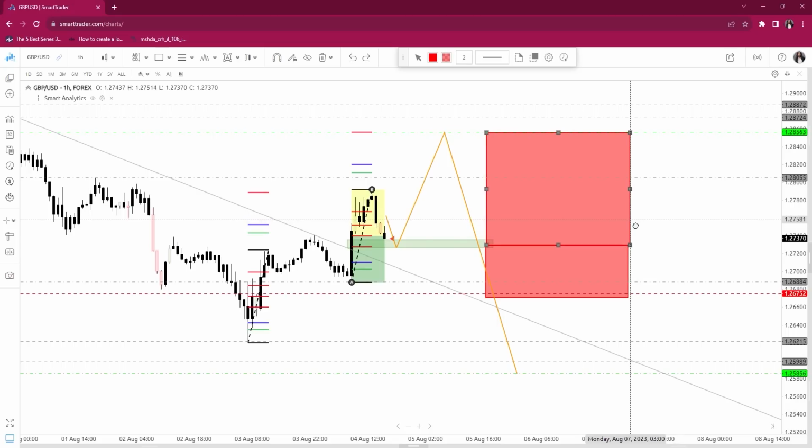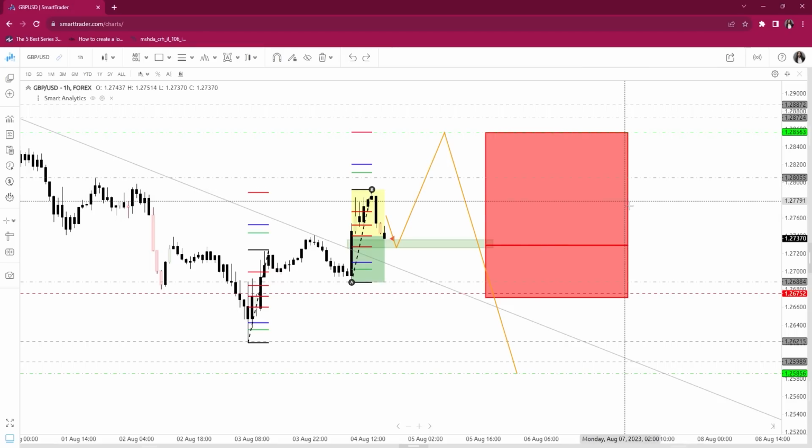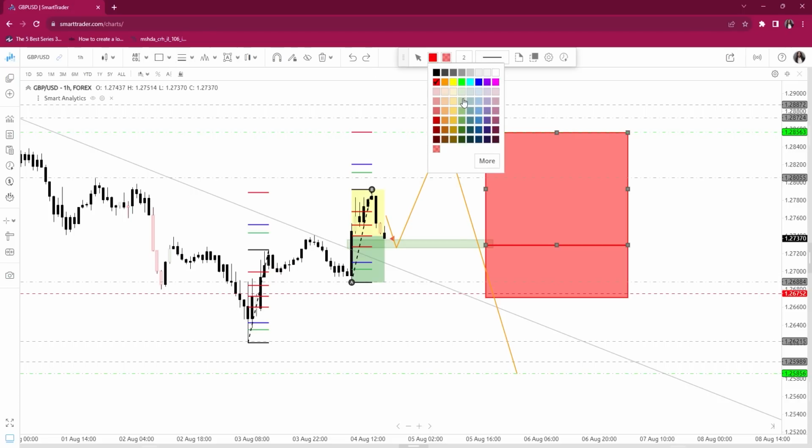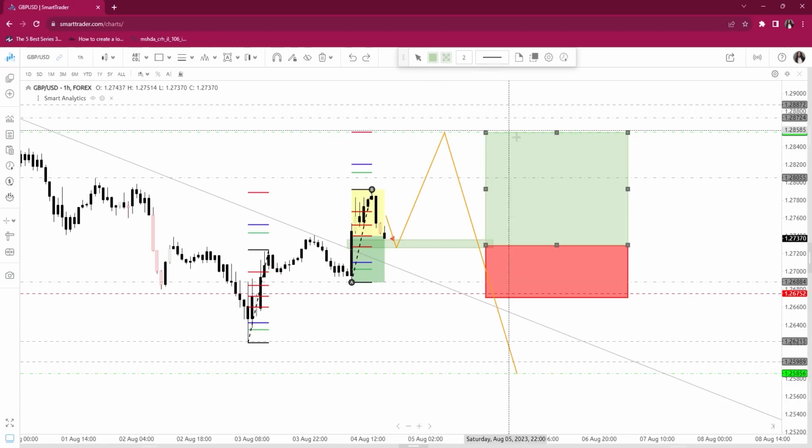All right, so I'm trying to line it up. Excuse my OCD on my charts. I do not like a messy and cluttered chart. So I try to keep things very simple. All right. Let's just double check this.